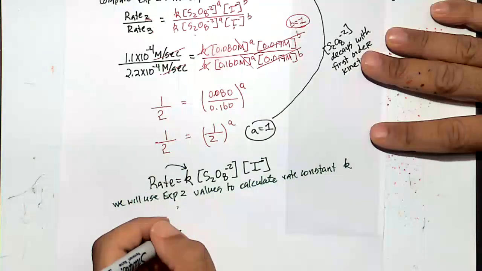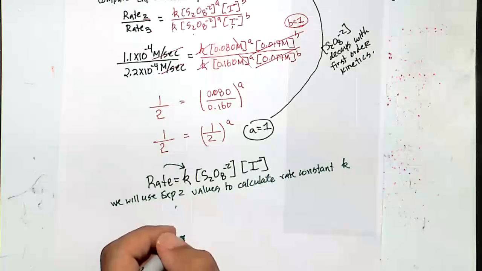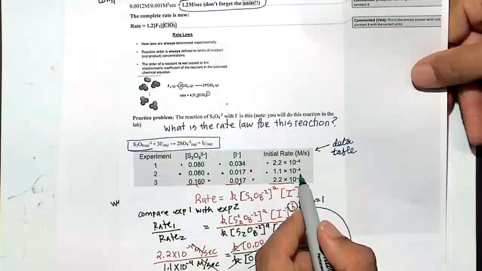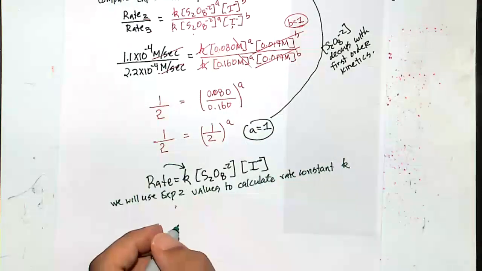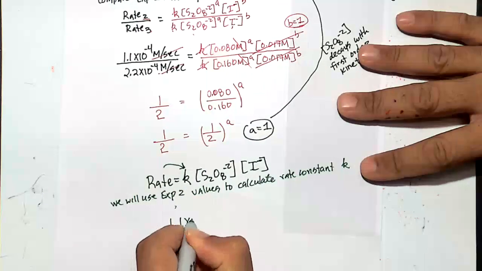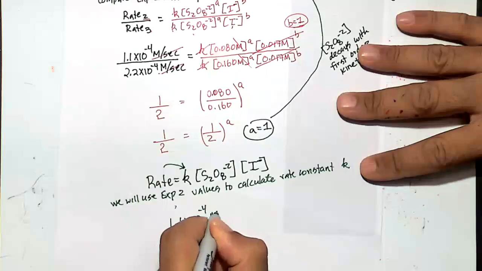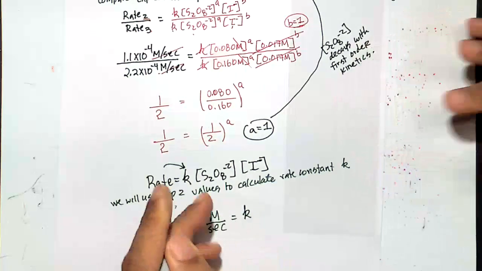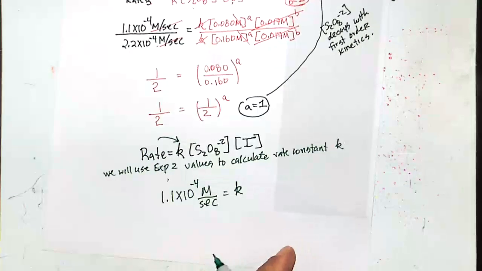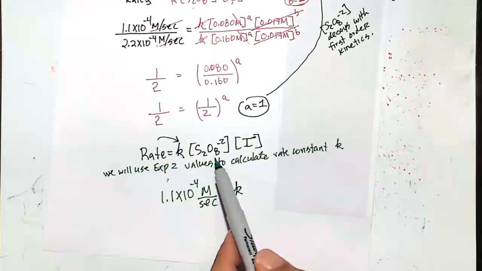So what is the rate for experiment 2? Looking at my sheet, it's 1.1 times 10 to the minus 4 molar per second. All right, units are going to be a big issue here.